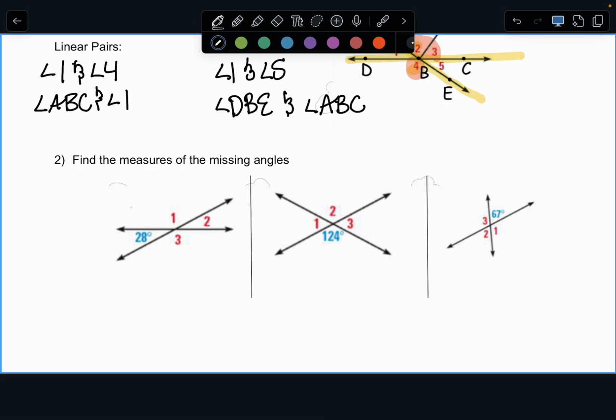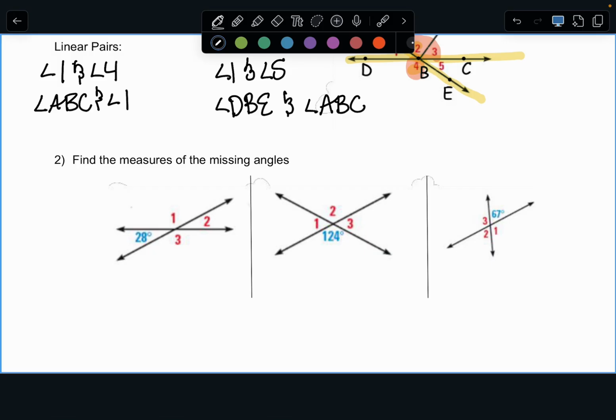Okay. These ones we're going to crank out really, really fast. Let's just do 2 of them. This 28-degree angle. What is this angle's vertical angle pair? What angle goes with this angle to make a vertical angle? Angle 2.